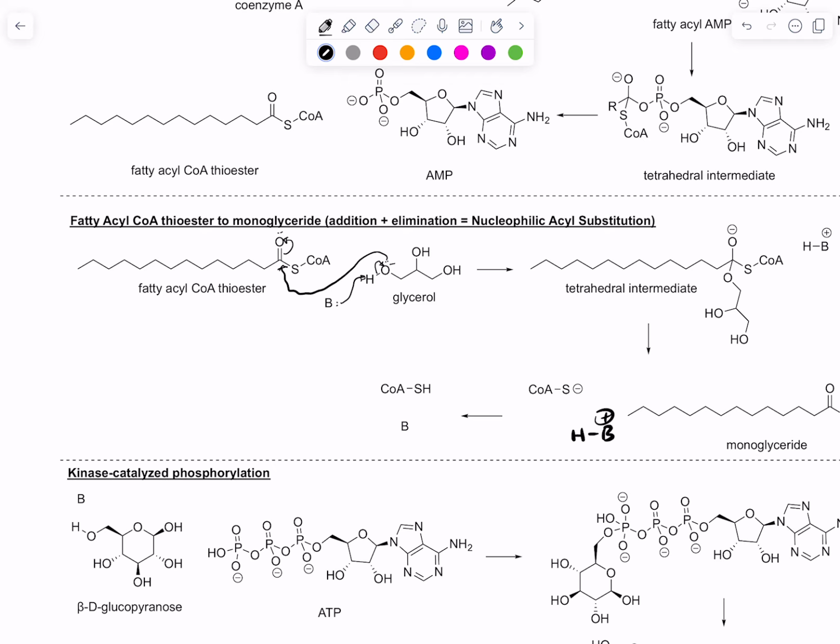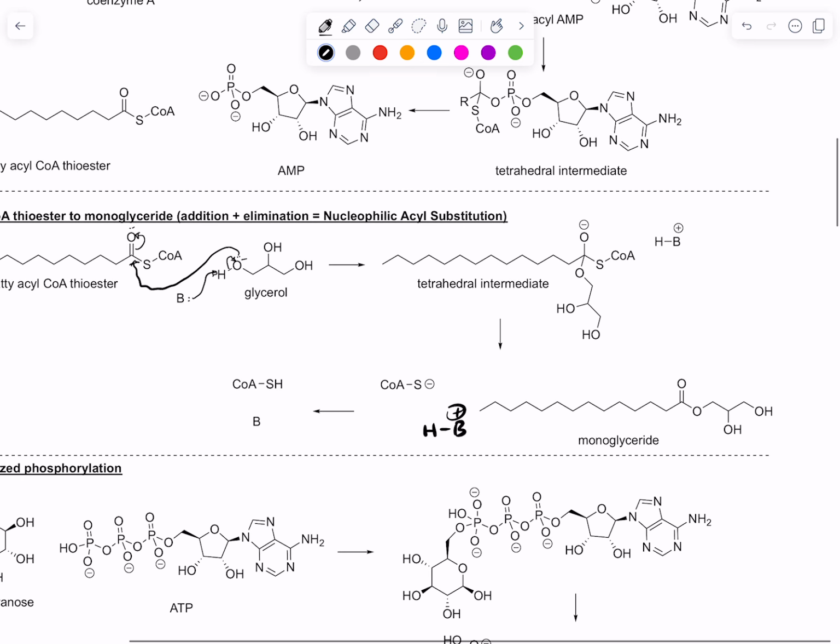Questions about that first step? Any comments? You identified that glycerol was the nucleophile because you looked over at the tetrahedral intermediate, compared it to the thioester, and said what changed? Well, here's the glycerol molecule, so that must be the nucleophile. Okay, yeah, keep going. And then over here. All right, good.